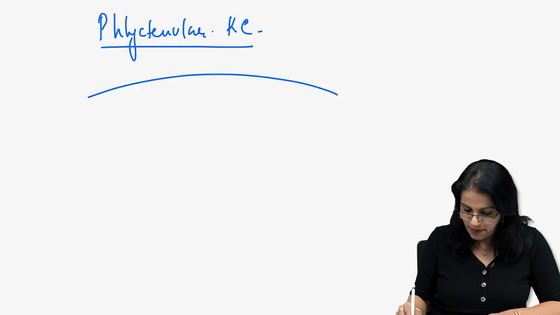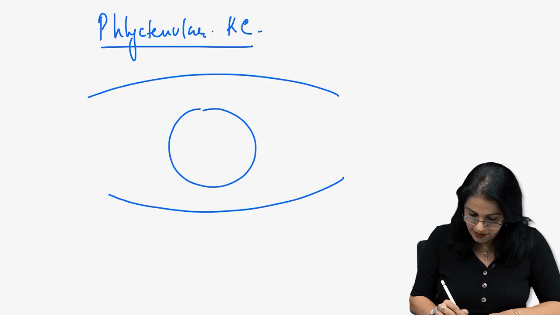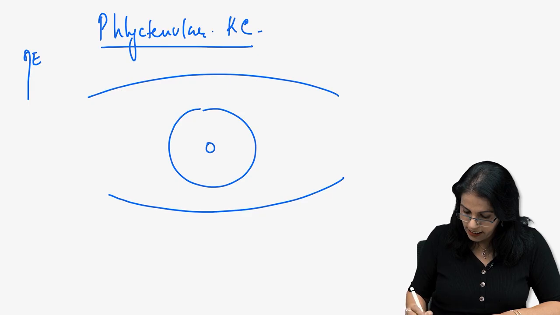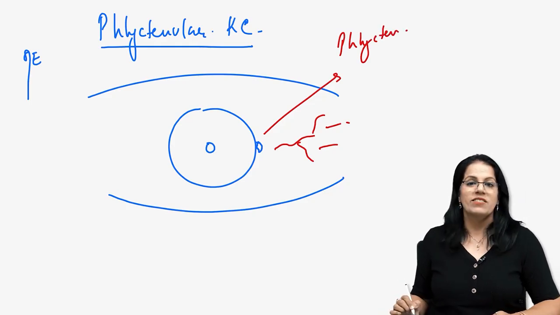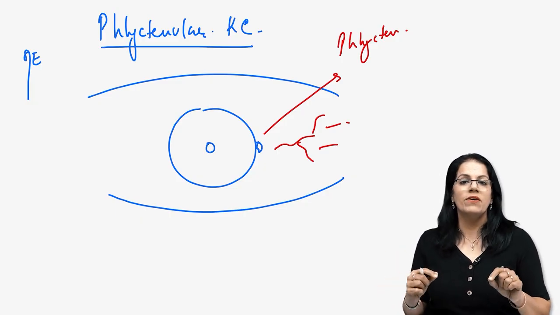So let's draw a diagram here. On examination, initially there is a phlyctenule and there is conjunctival congestion, as we have just seen. Let's mark this as phlyctenule. Later on, what happens? Slowly it becomes a keratoconjunctivitis. It is going to involve the cornea.